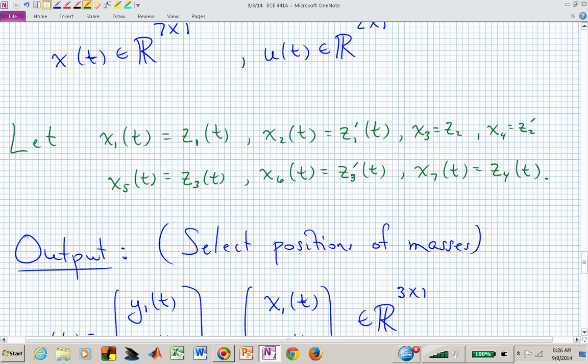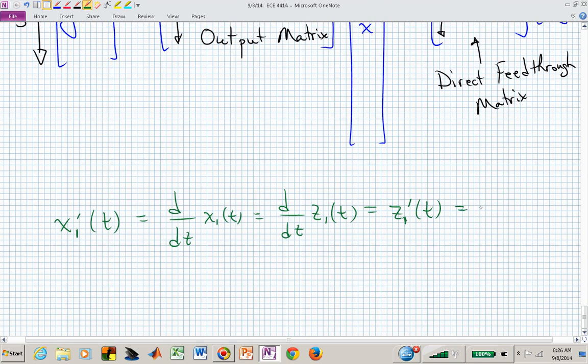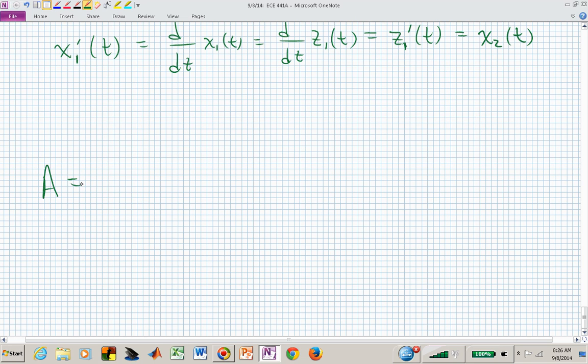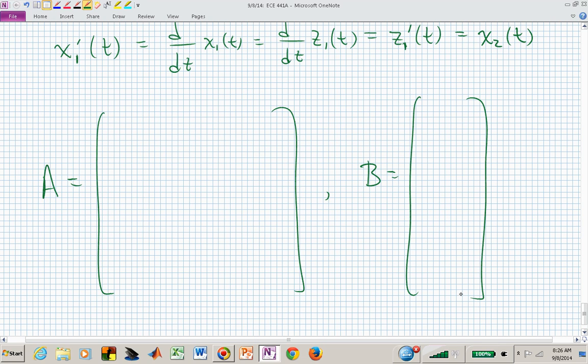And in fact, that's exactly what we defined x sub 2 to equal. We now need to write x1 prime in terms of a linear combination of state variables and inputs. And we have it now. We can say that that's simply x sub 2 of t, which now allows us, in the A matrix and the B matrix, to complete the top row.